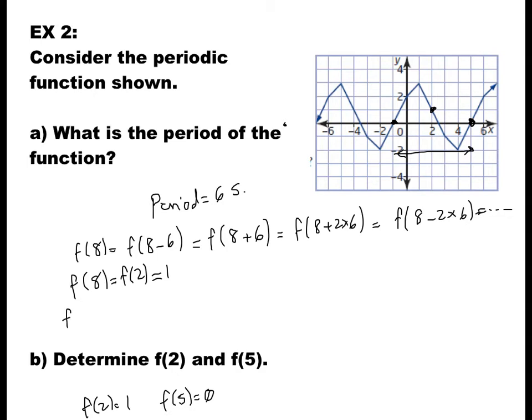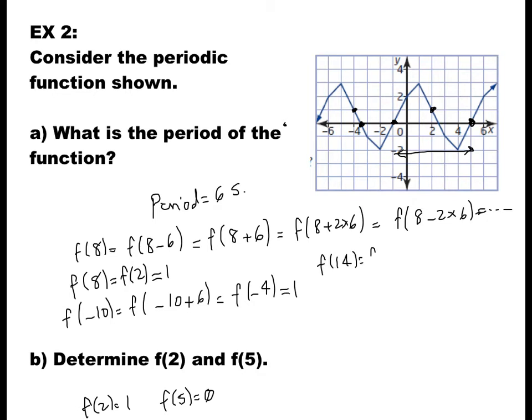Now for f of minus 10, I can write f of minus 10 is the same as f of minus 10 plus 6, 1 period to the right. Now this is equal to f of minus 4. F of minus 4, from the graph you can see that it's equal to this point, which is going to be 1. Now we have to find f of 14.